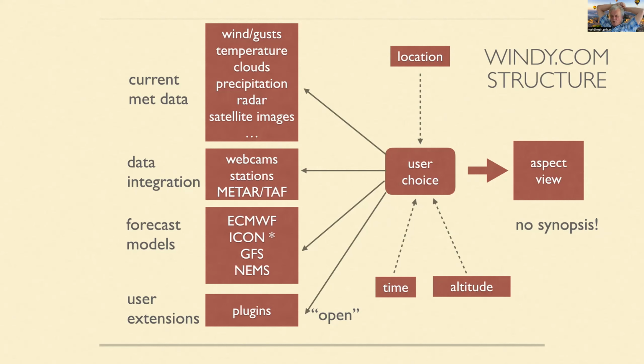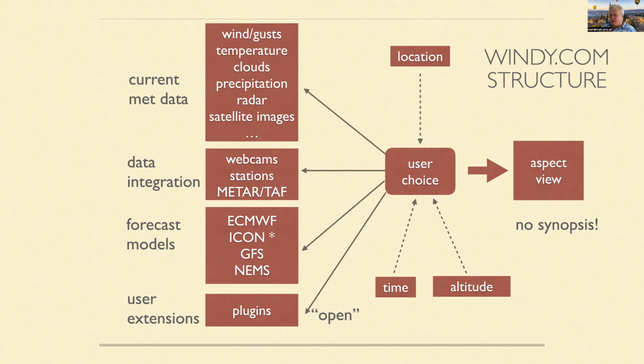There's a layer called airports, a little plane symbol, and that includes the basic data on the airport, like runway orientation, length, and the like, but also the METAR and TAFs, and I think also the current NOTAMs.